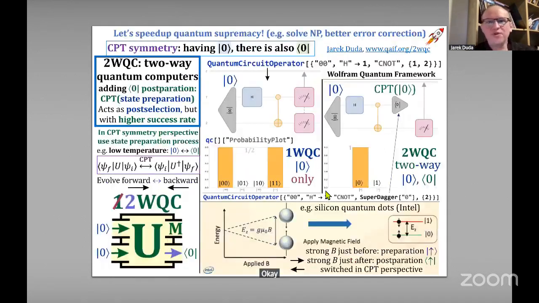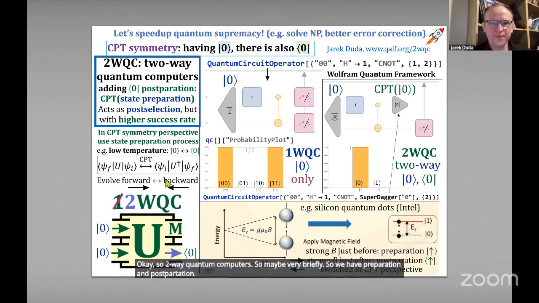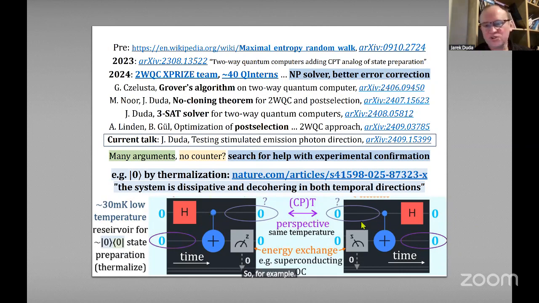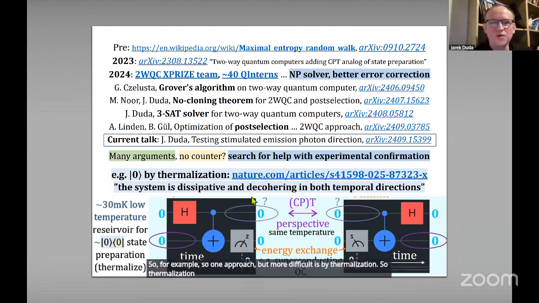Okay, so the two-way quantum computer. Very briefly, we have preparation and post-preparation. We had this team, we had an X Prize, but we couldn't convince experimentalists. It is extremely difficult. One approach, but more difficult, is thermalization.